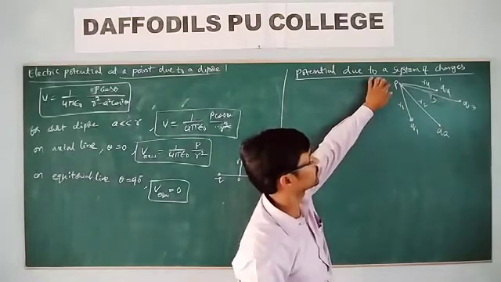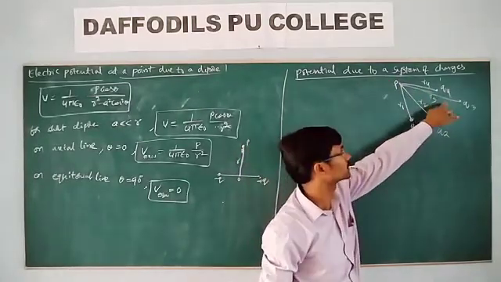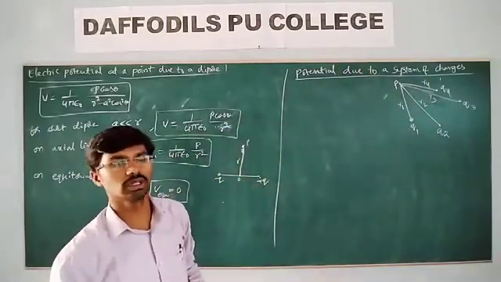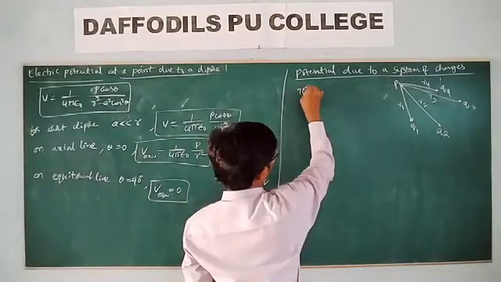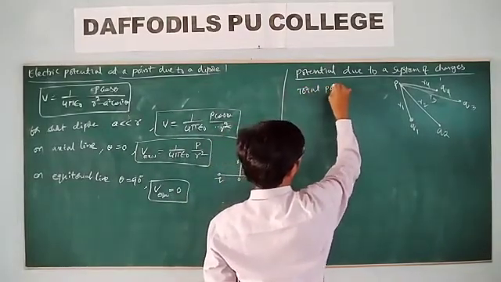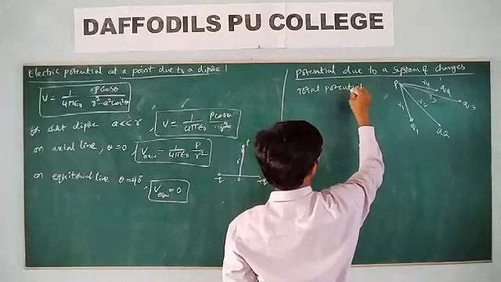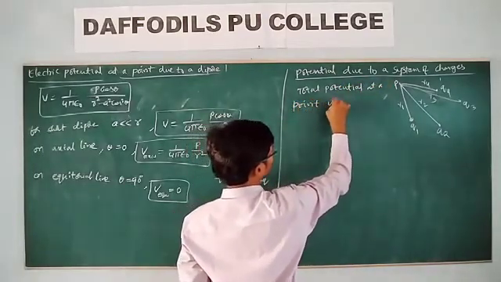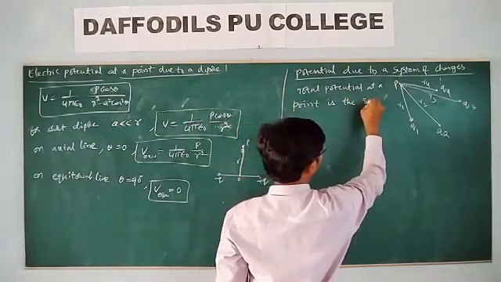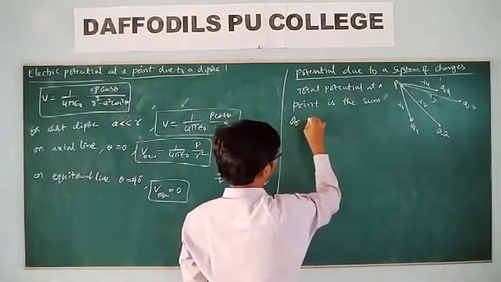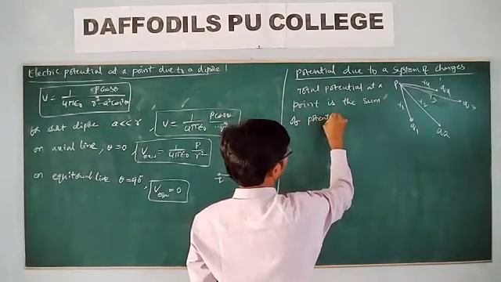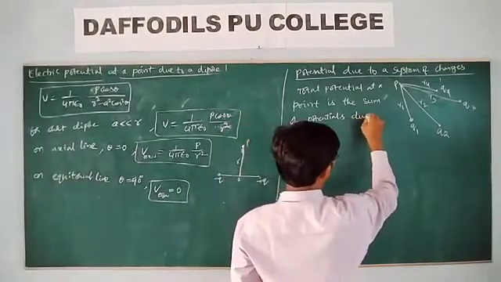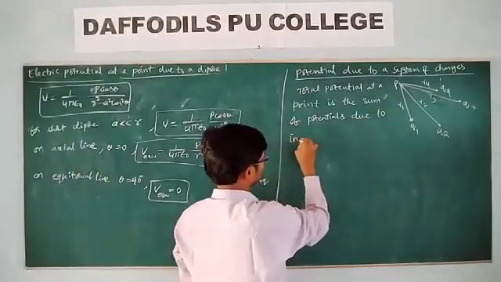That means potential due to one charge plus potential due to another charge, and so on, for as many charges as we take. Therefore, the total potential at a point is the sum of the potentials due to individual charges.